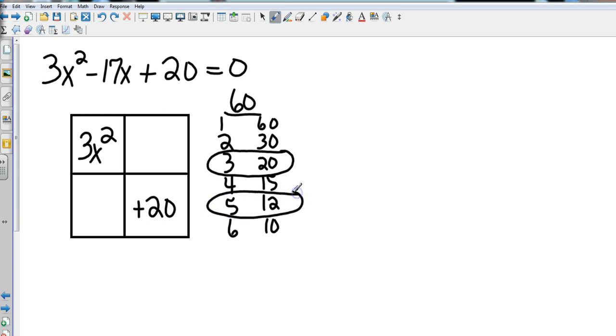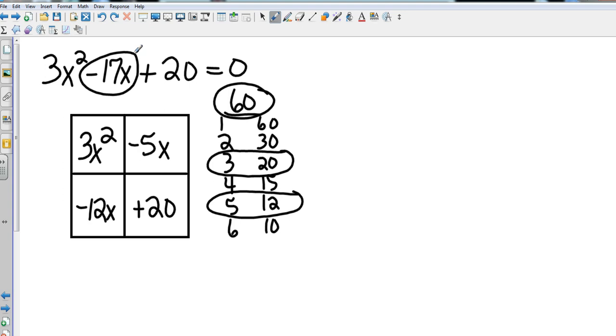Maybe the 5 and the 12. If I had a negative 5x and a negative 12x, negative 5 times negative 12 would give me my positive 60, and negative 5 plus negative 12 would give me my negative 17x. So this is a good example because there are 2 that total 17, but only one of them is accurate. And so we do the same thing.